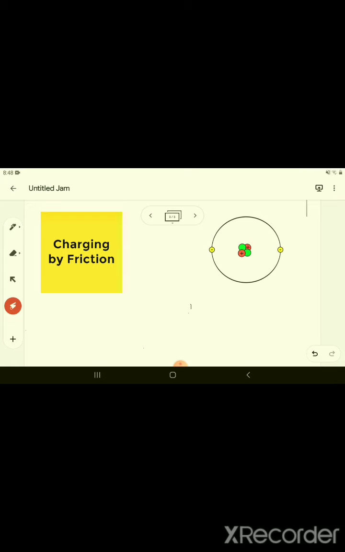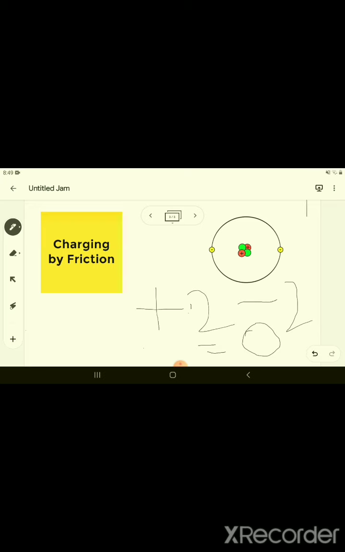And let's see why. Let's say that we have +2 representing our 2 protons here, and we have 2 electrons. +2 minus 2 is going to be equal to an overall charge of 0.